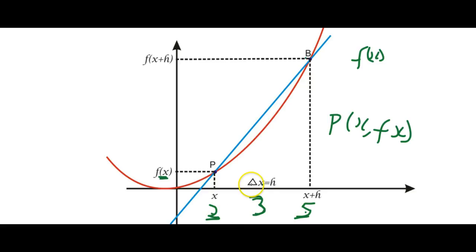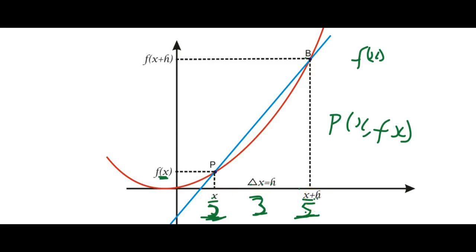And so the change in x, I've called it h. If here is 2 and I want to get this point, I'll add the change in x plus the x, which is 2, to give me this one. And so you can see that here x plus h, which is 3, will give us 5. It makes sense. If here is x, and if you want to know the point here, it means you add a difference to it and you get a point here.